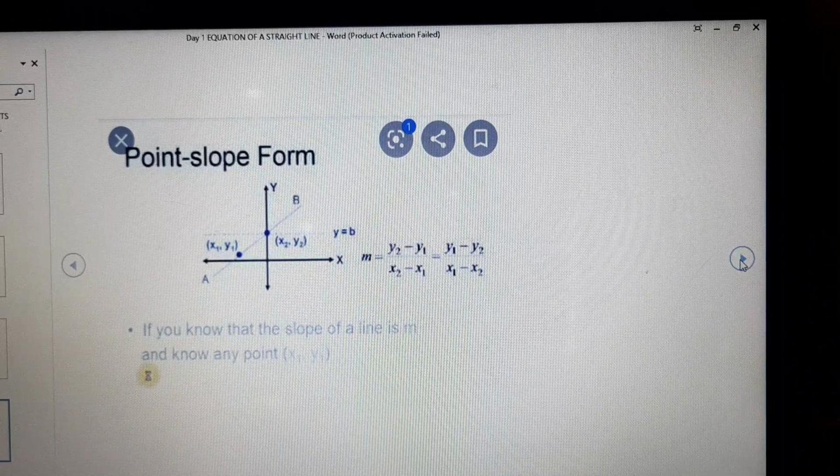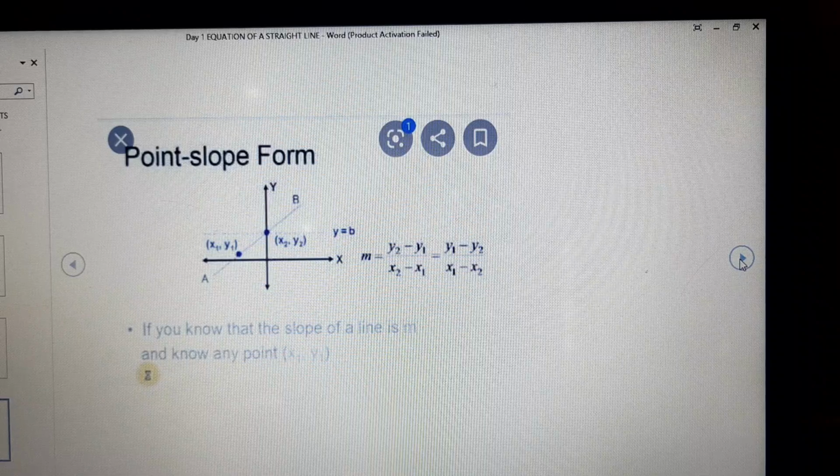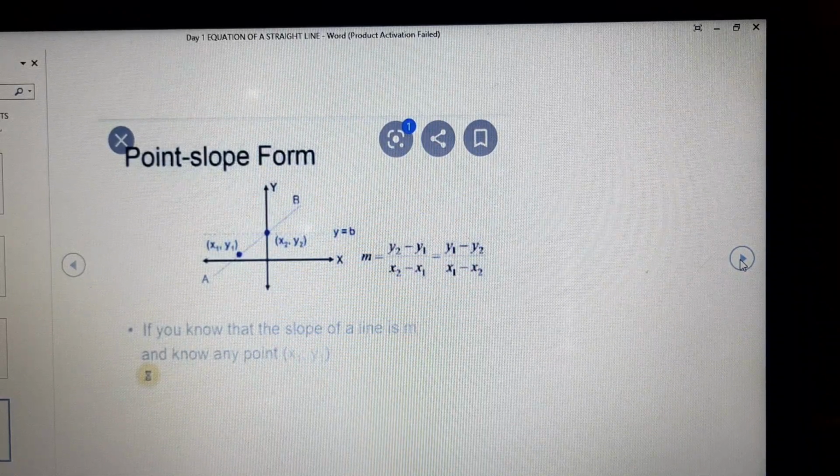Are you getting it? What will be the slope? Slope means the inclination, basically how much inclined it is with the x-axis. Clear?